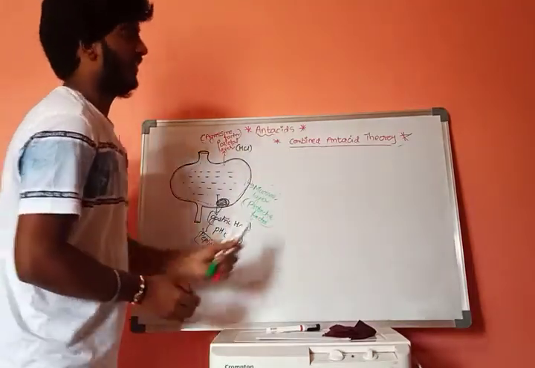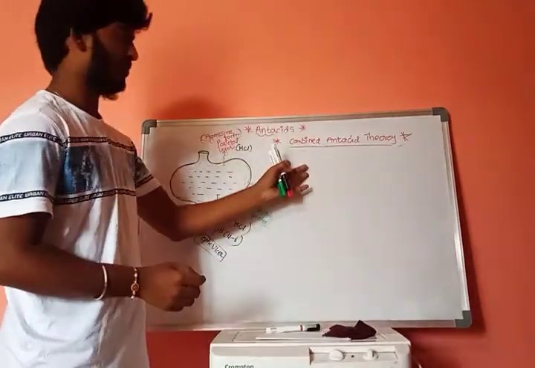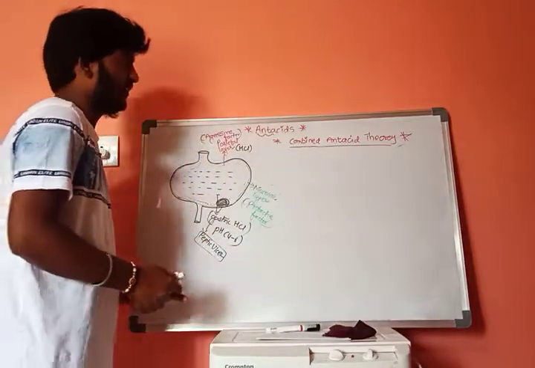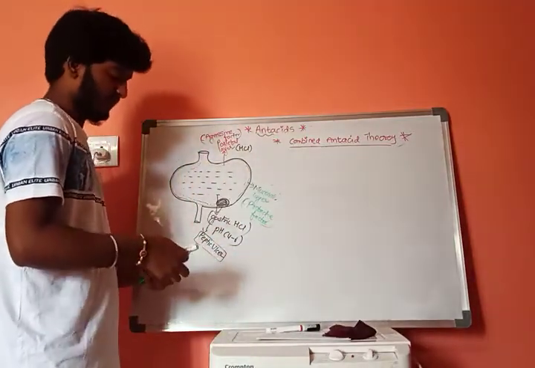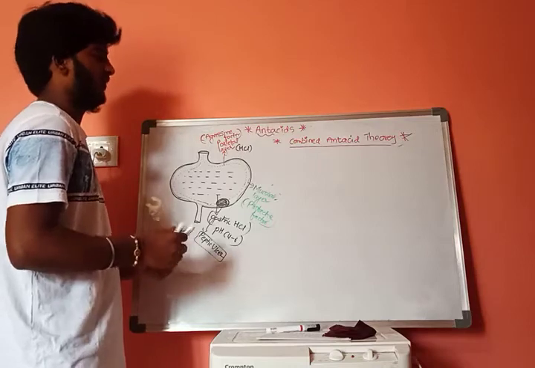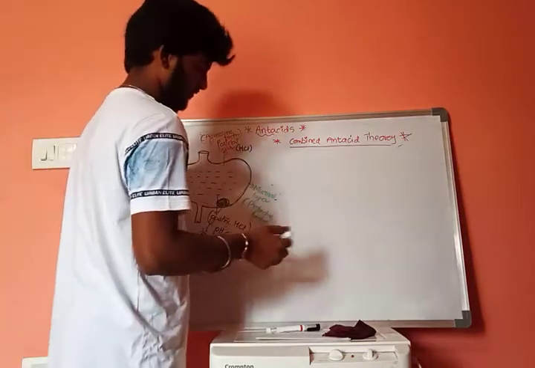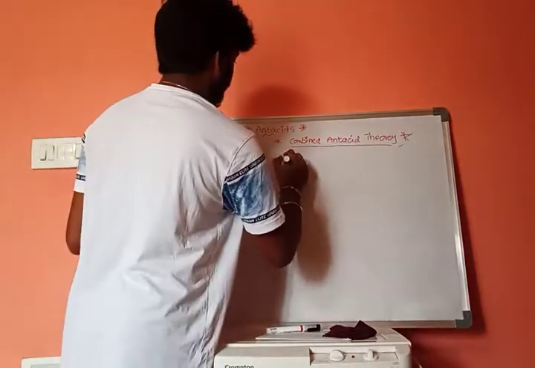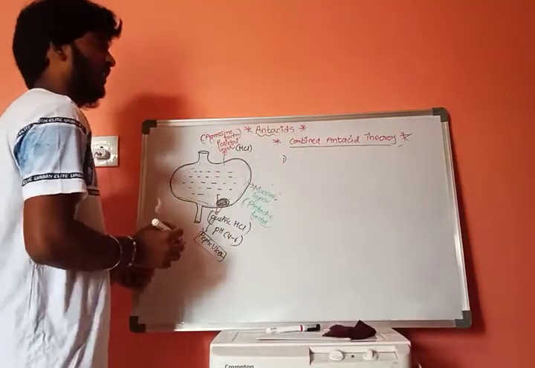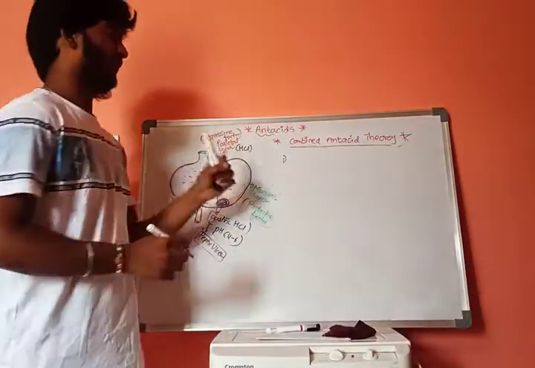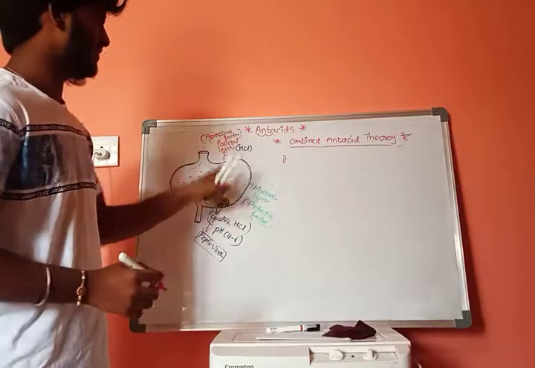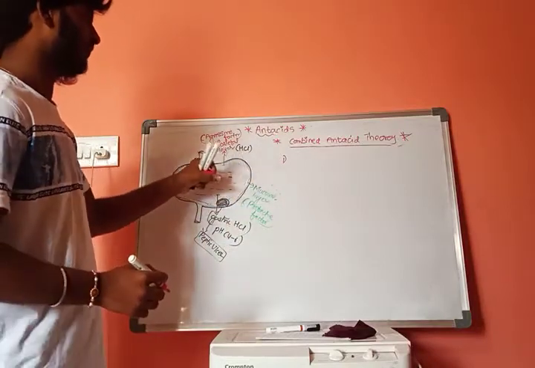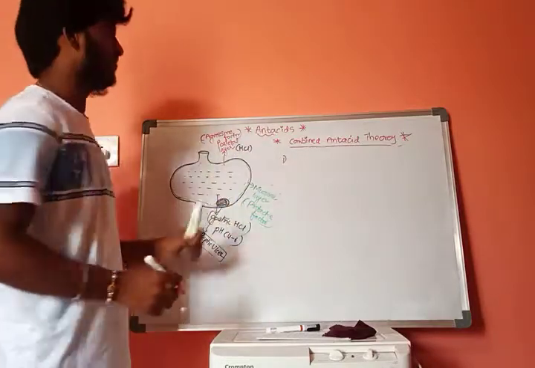Let us discuss 4 different types of problems and their solutions. Let us discuss the first problem. Whenever the pH value increases, it results in alkalosis.